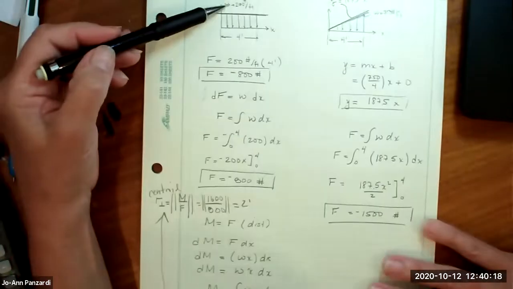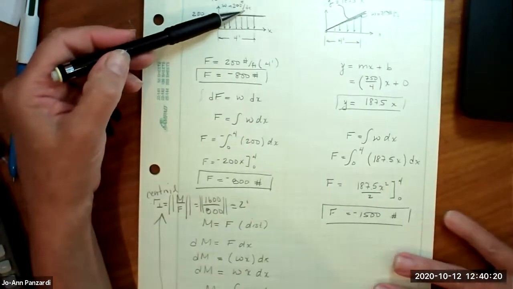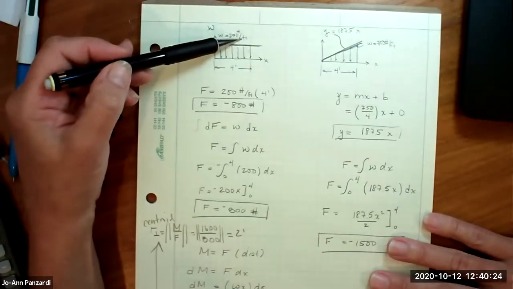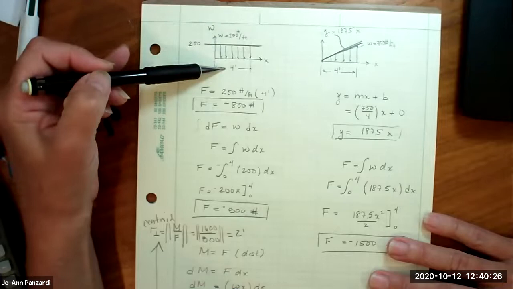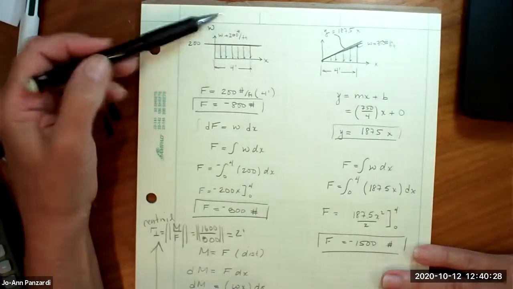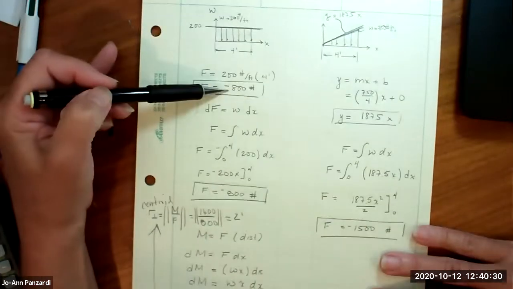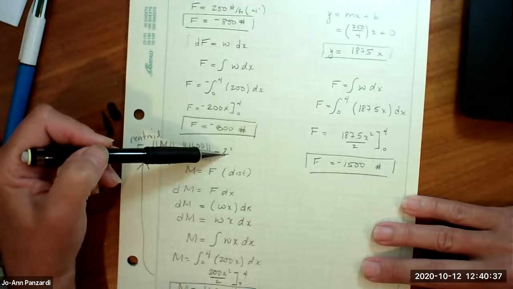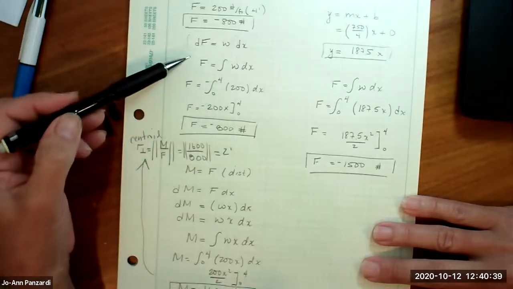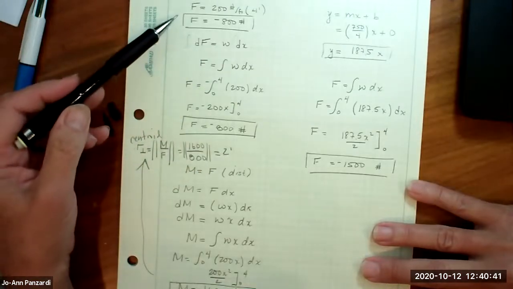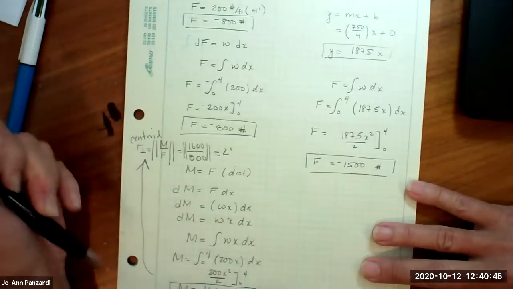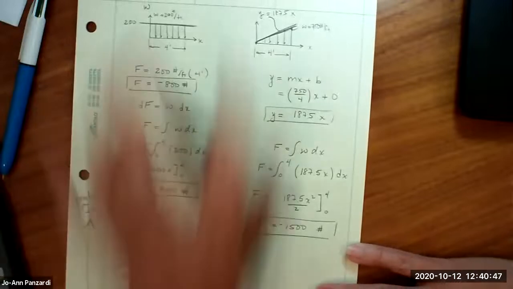So for a 200-pound per foot distributed load spread over 4 feet, the equivalent force is 800 pounds going down, and the centroid is at 2 feet. I determined it by finding the force via integration, and then the moment via integration. So going back to this problem, same kind of thing.